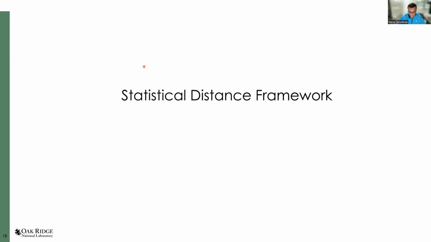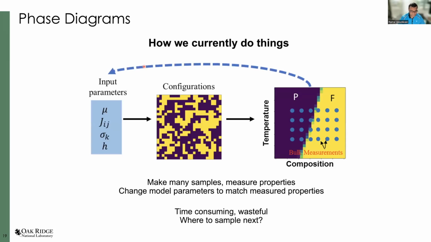And so we worked with some colleagues, primarily Lucas Vilcek, a few years ago, to come up with something called the statistical distance framework. And so there's a real fundamental difference between how we can approach the way that we do these studies versus the way that traditionally studies have been done, to be able to come up with, for example, phase diagrams or functional phase diagrams of materials themselves.